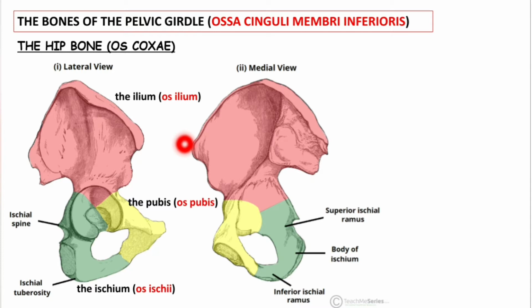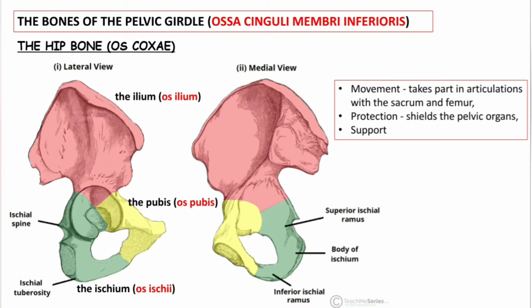What you are seeing here is the lateral view, and this is the medial view. Let's zoom into it and see each independent bone one by one. But firstly, you need to know the functions of the hip bone. Number one is movement, because it takes part in articulation with the sacrum and the femur.